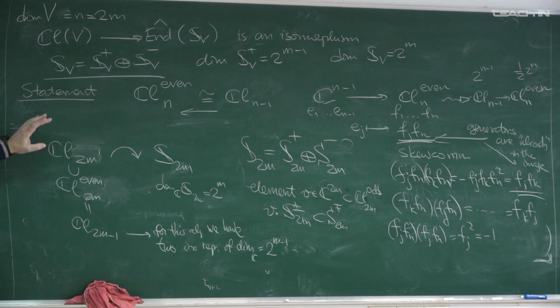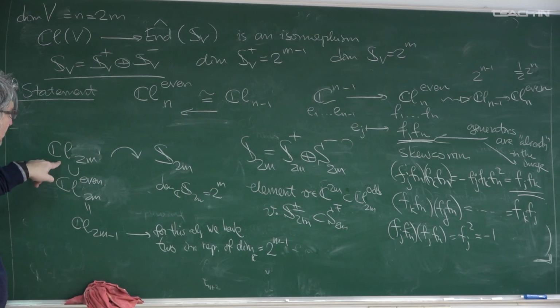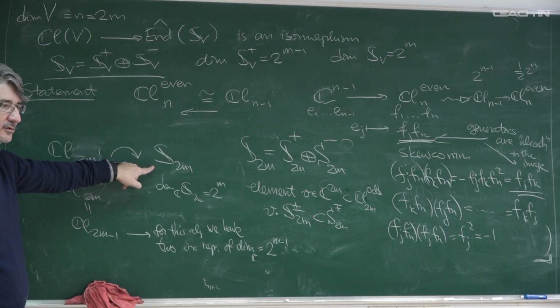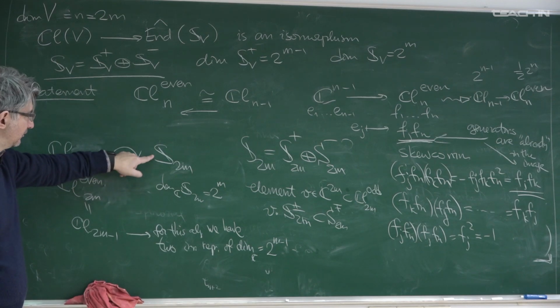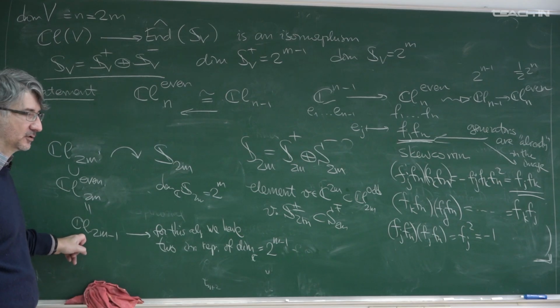So what I did, let me repeat. I take the even part of the Clifford algebra. I know that the even part of the Clifford algebra is the previous Clifford algebra taken as a whole. This, considered as a subalgebra, acts on the spinor representation. But its dimension is twice the dimension of the irreducible representation of this thing.